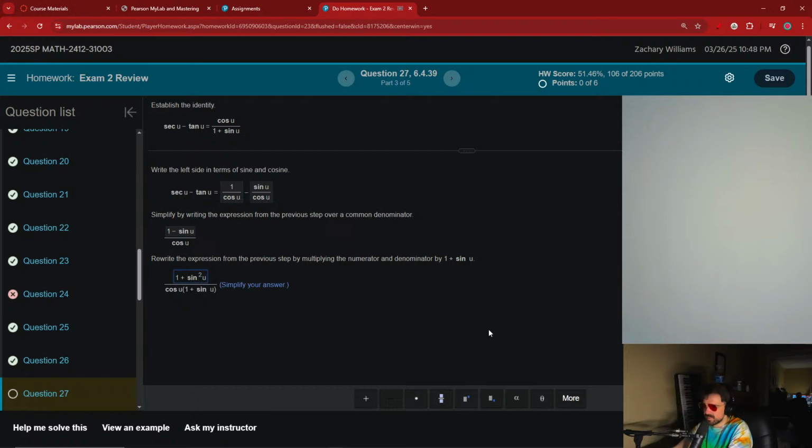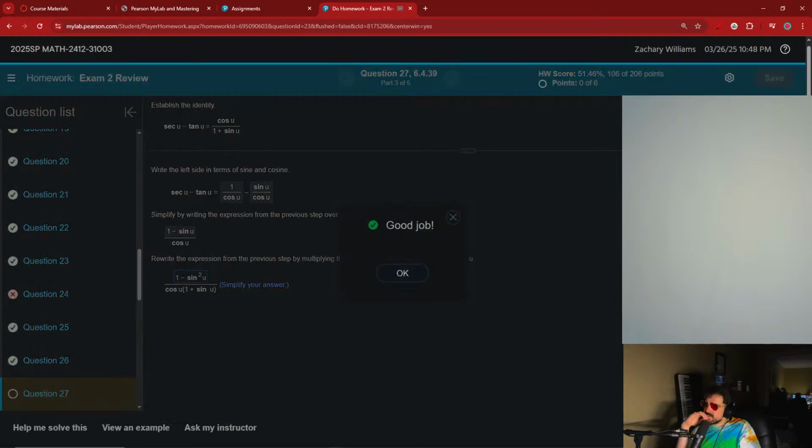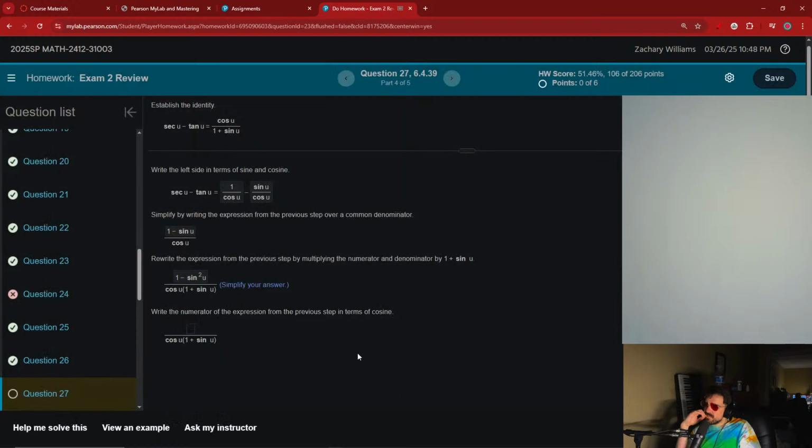It's minus. Right? It's just difference of squares. Right, the numerator is expressed from the previous step in terms of cosine.